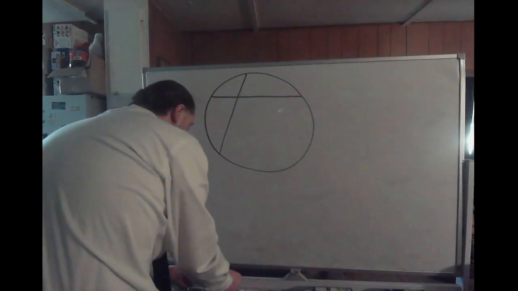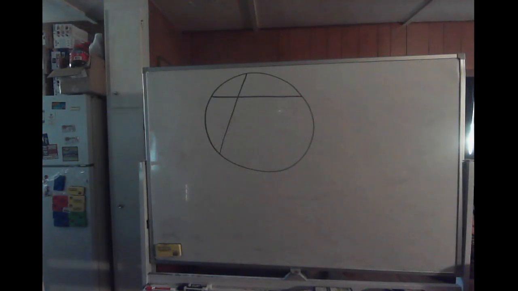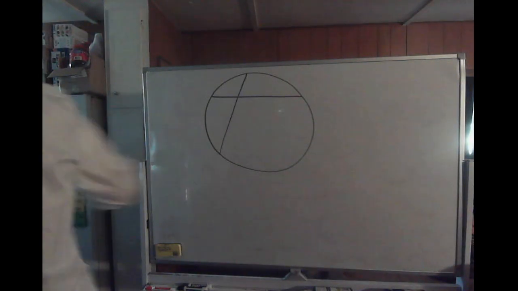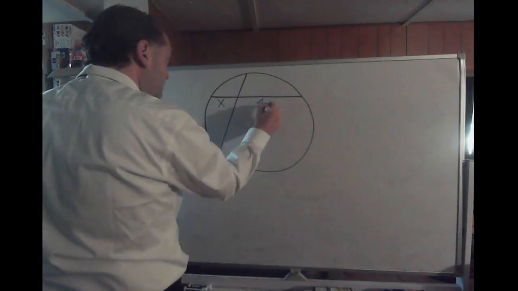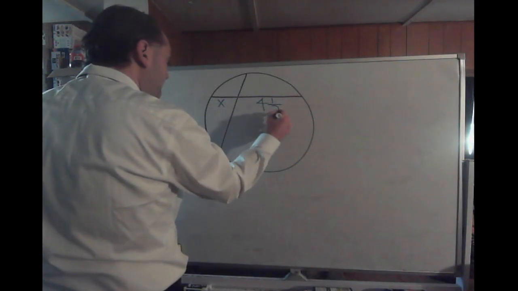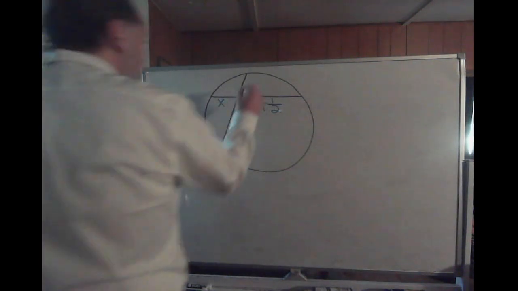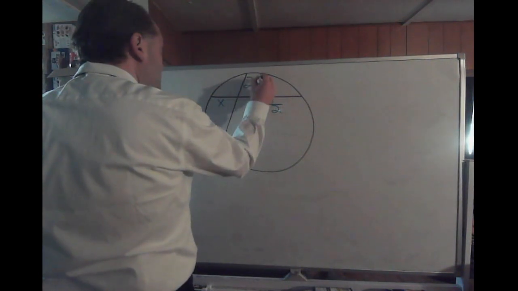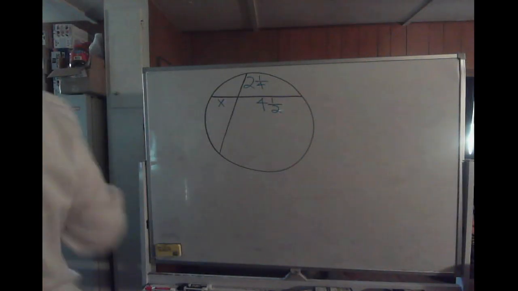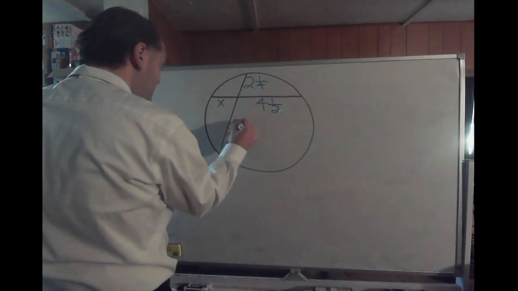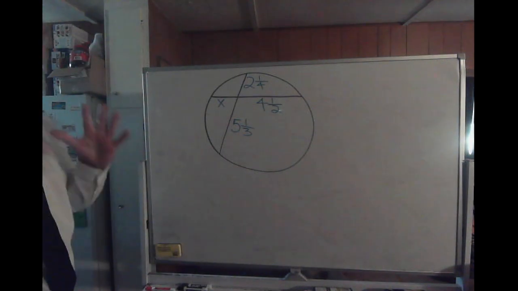So clearly we're starting off with 2 chords, right? Alright, so we got chords with lengths with fractions.